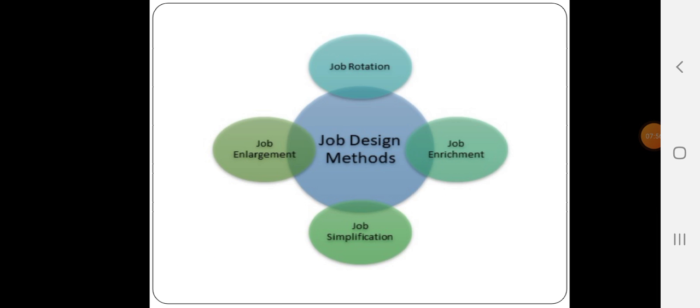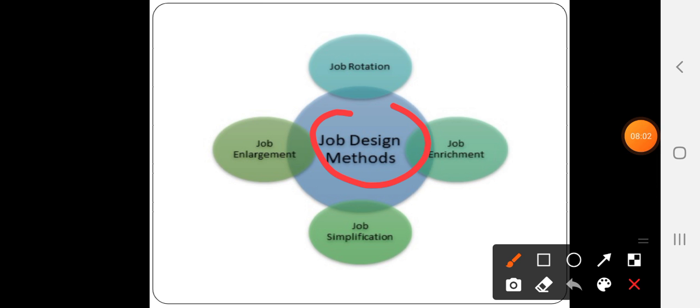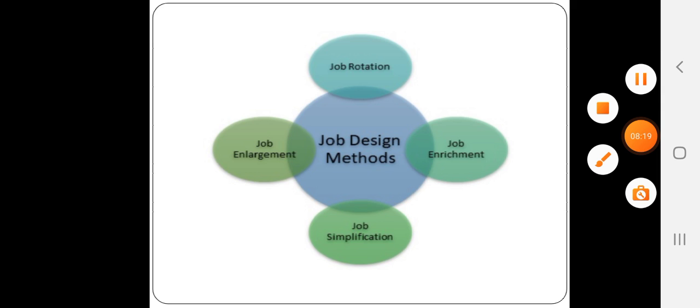In the next class I'll be discussing the different methods of job design. Job specification I have already explained, but I'll continue with the other aspects in the next class.